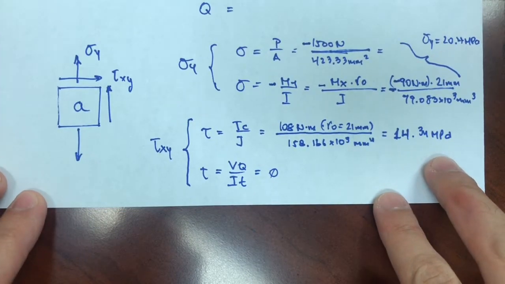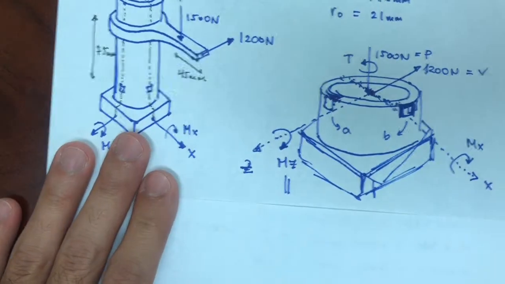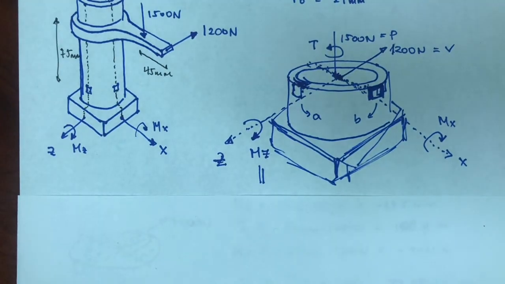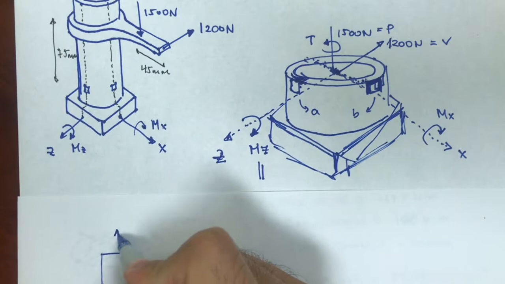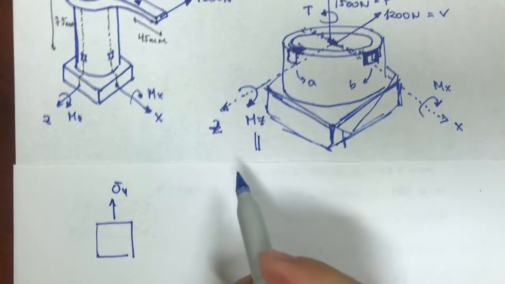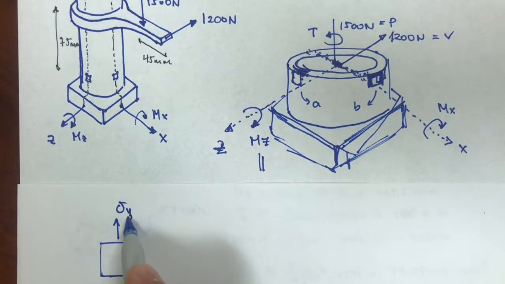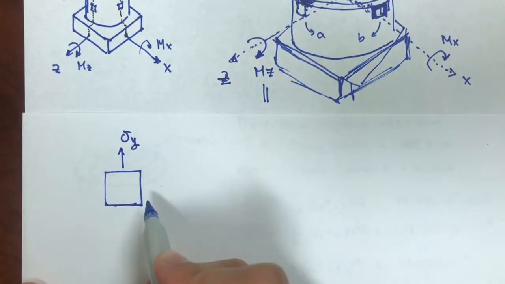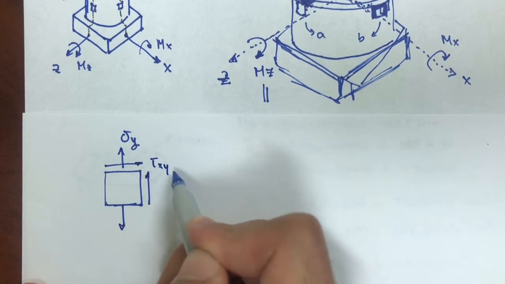So basically what I did here for A, but now for B. If I look at this again, I know that B will have stresses in the y direction, no stresses in the x direction. They do exist for y, don't exist for x. And there's going to be shearing, so tau xy.